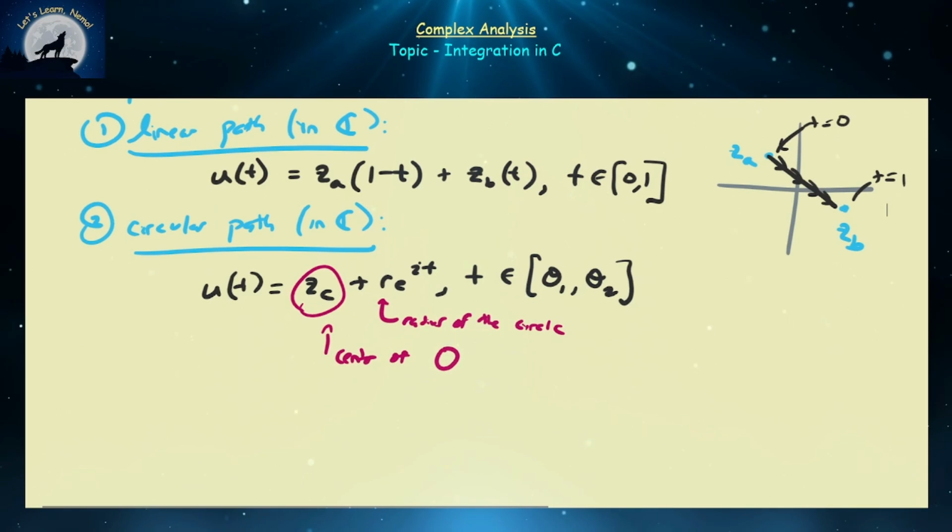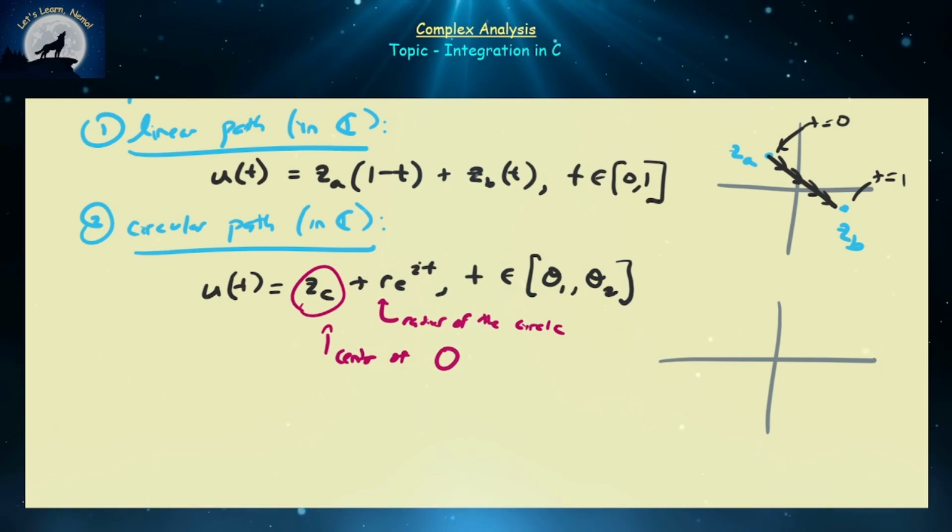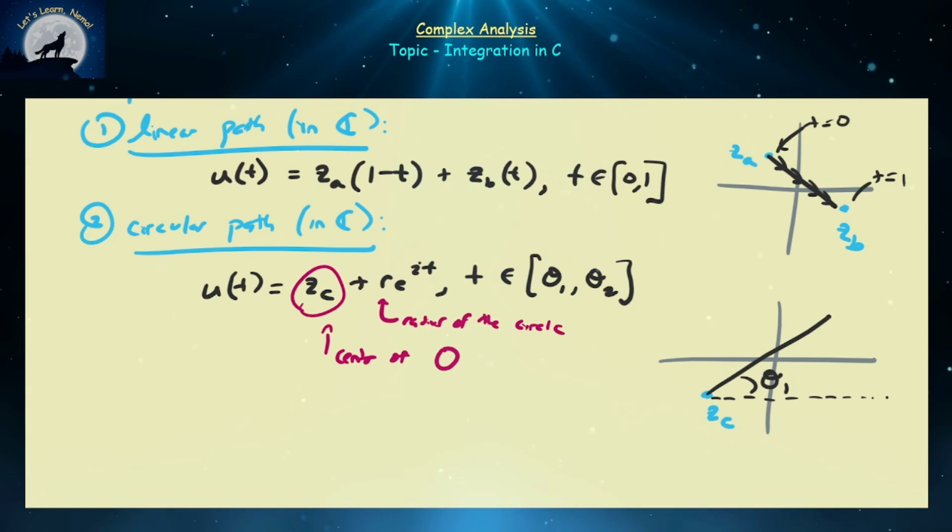And for the circular path, let's draw a picture. Our z_C is going to be located here, let's assume this is the center of our circle. Let's assume we have a point of reference, a horizontal line. Let's assume that this is theta 1 and this is theta 2. And let's assume this distance is r.